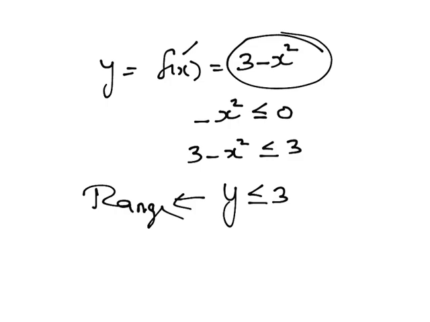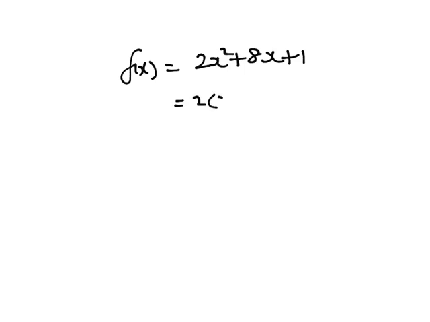Okay, one more example. Let me take f of x equal to 2x squared plus, let's say, 8x plus 1. So you can write it as 2 into (x plus 2) the whole squared minus 7, if we complete the squares.